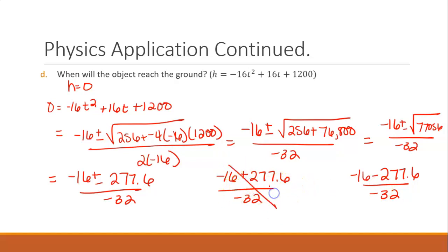This one's going to give me a negative number, so I'm going to throw that out. Negative 16 minus 277.6, and hit enter, divide by negative 32, is 9.2 seconds. So 9.2 seconds after we throw it, it'll hit the ground.